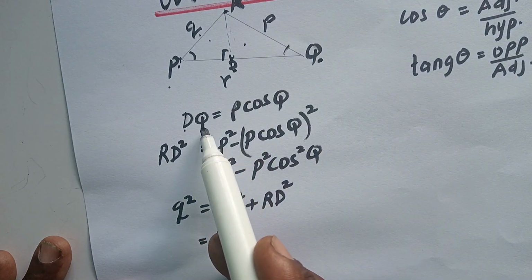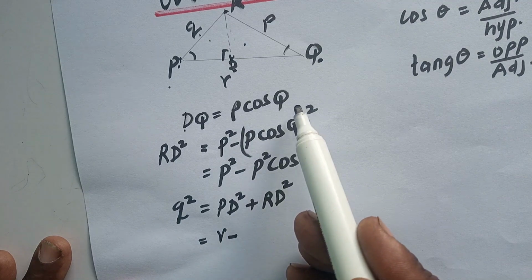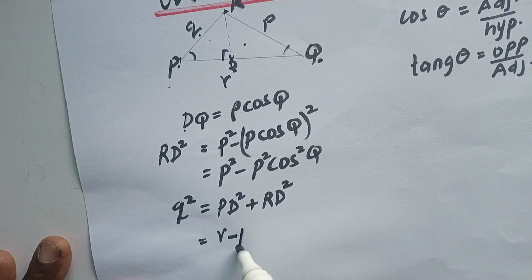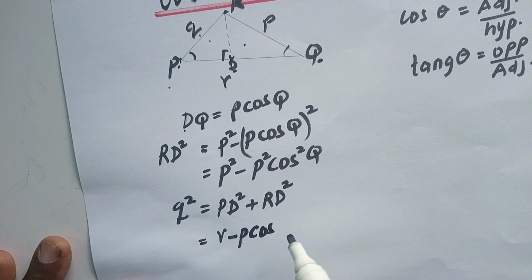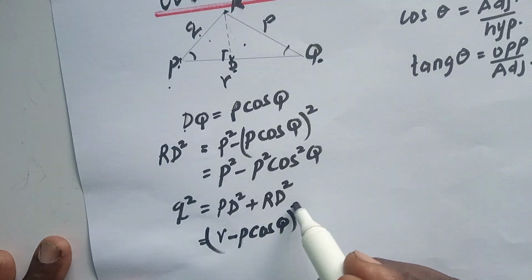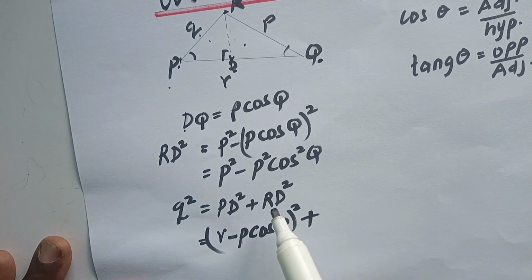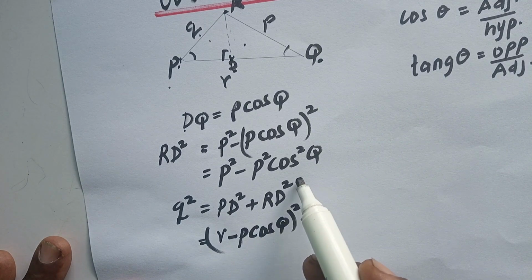So PD squared is equals to R minus DQ. But DQ is P cos Q. So minus P cos Q squared plus RD squared.